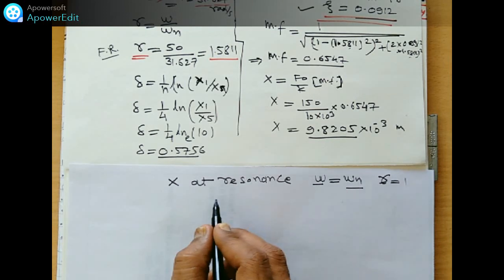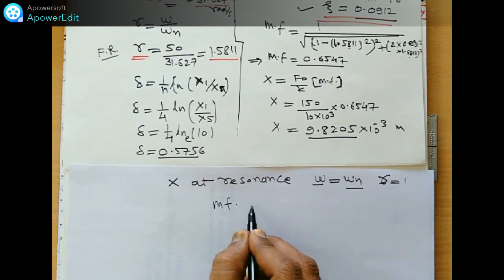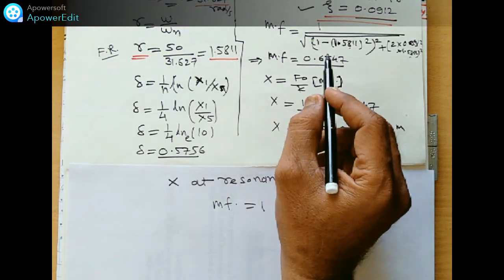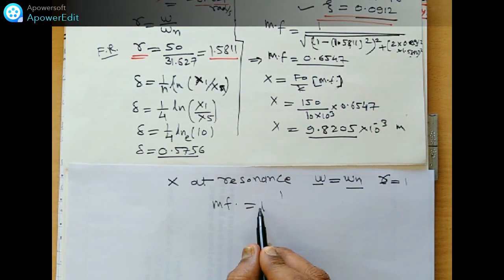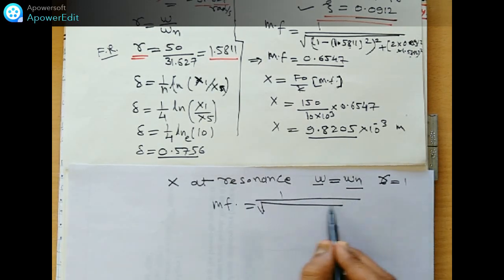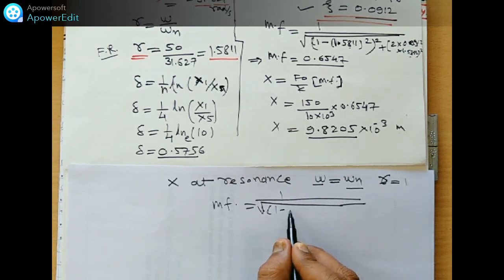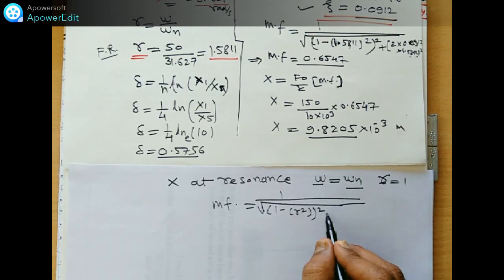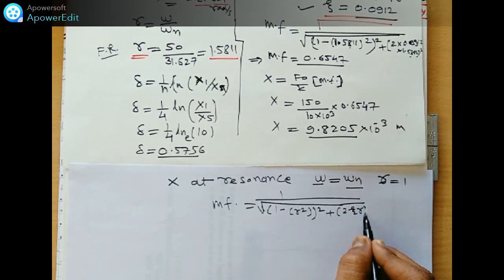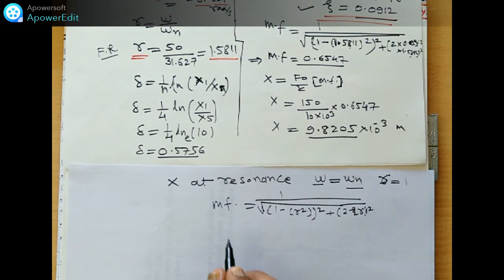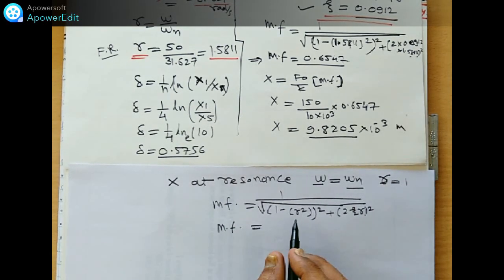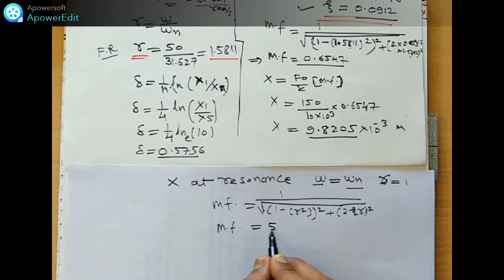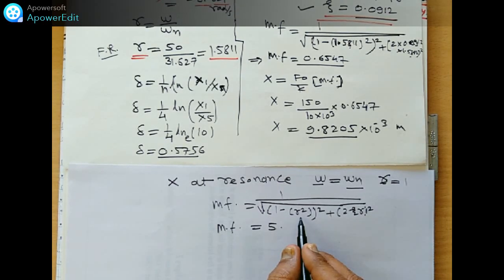Putting the r value in this MF equation, which we have already written, 1 upon under root of 1 minus r square bracket square plus twice zeta r bracket square, the value of MF increases at resonance.